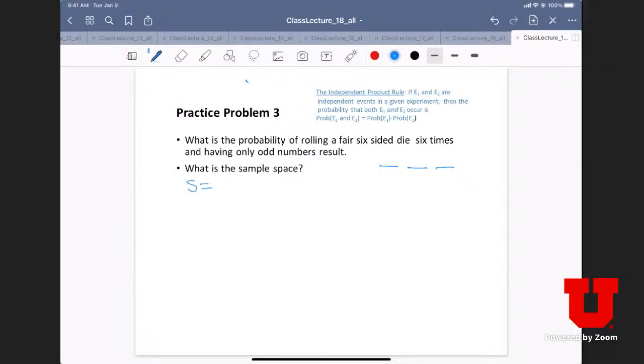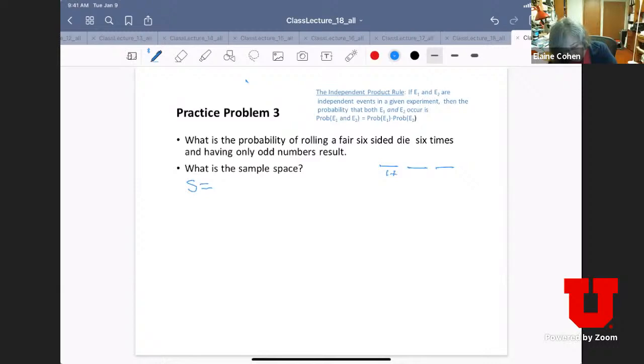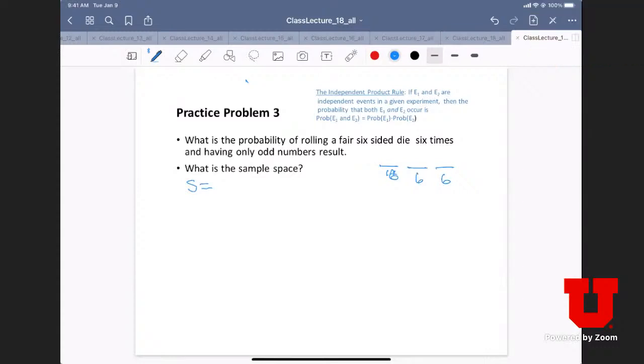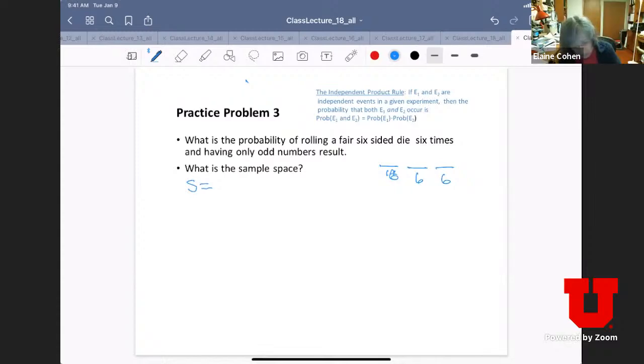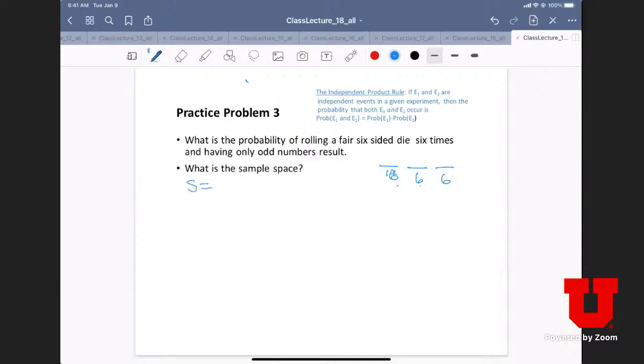We have 6 possibilities here, 6 here, and 6 here. So that's 6 times 6 times 6 possibilities.